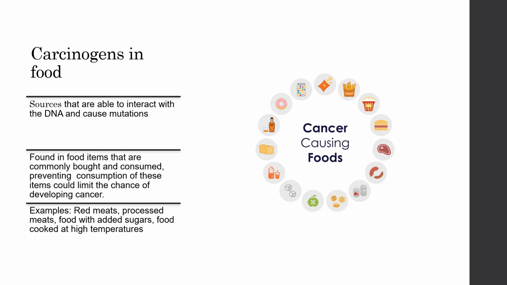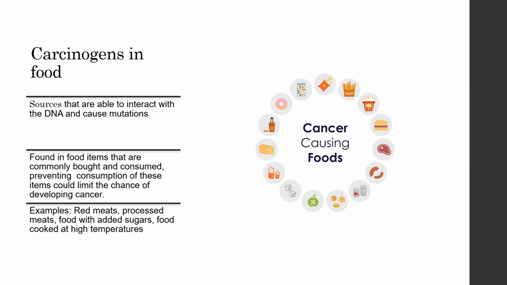Carcinogens are considered to be sources that are able to interact with the DNA and cause mutations, which lead to cancer. It is important to understand the role that carcinogens have in food, as many of them are found in food items that are commonly bought and consumed. Preventing the consumption of these items could limit the chance of developing cancer.